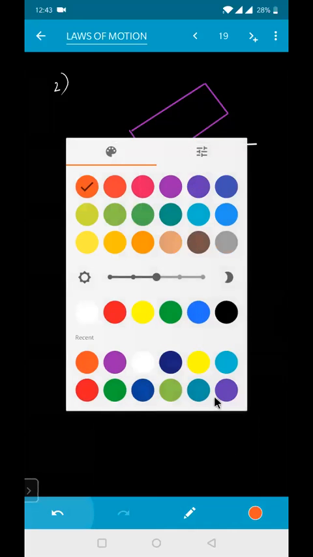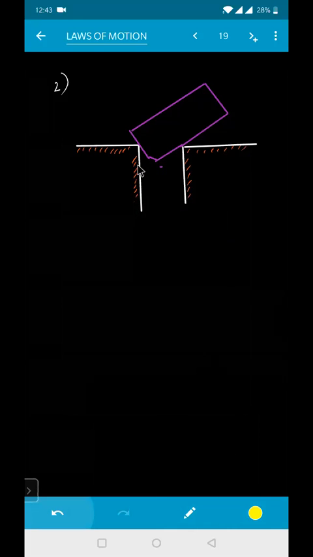Which sides are pressing it? You try to identify that.